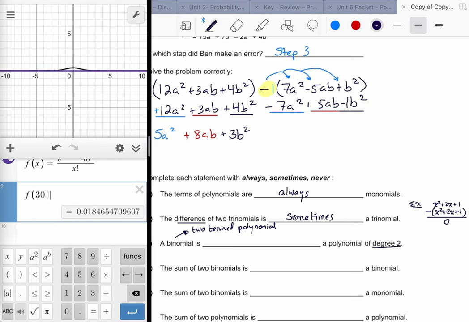The degree of 2 is the highest power. So some examples may be x squared plus 4, x to the 5th minus 2. Those are two good enough examples because they both have 2 terms. One of them has the highest power of 2, the other doesn't. So this is another sometimes.